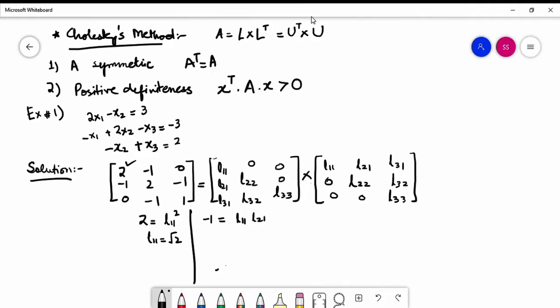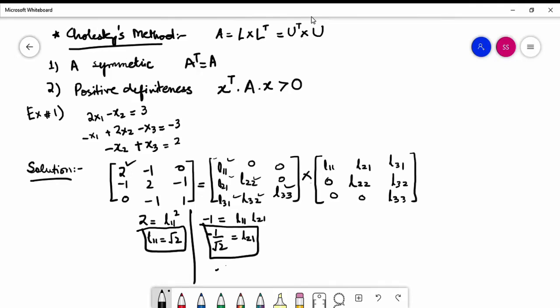Replacing the value of L11, L21 makes it minus 1 by 2. We have basically 1, 2, 3, 4, 5, 6, only 6 values, so we are only concerned with 6 equations to find these unknowns.